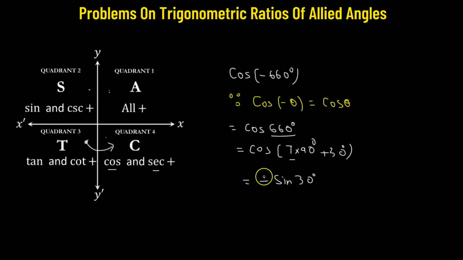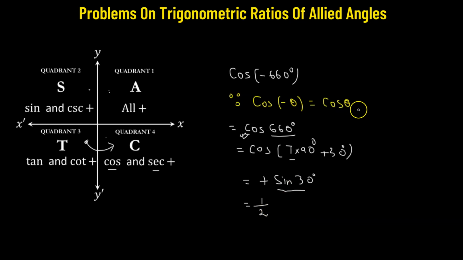So we're going to get a positive value. Here, don't get confused that sine 30 should be negative. No. We are actually concerned about the function that we started with. We started off with the cosine function, and whatever value we get is going to be positive because cosine gives us a positive value in the fourth quadrant.